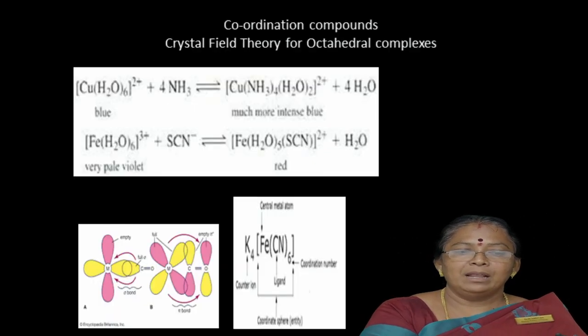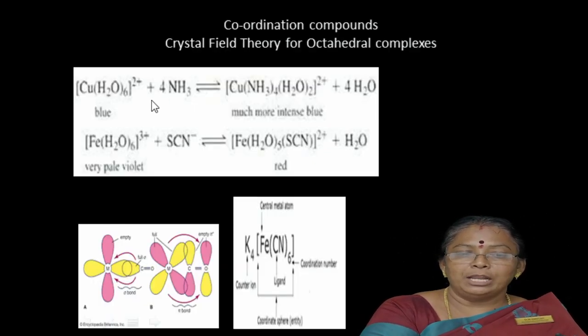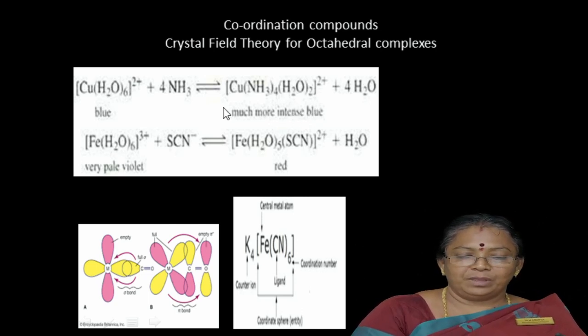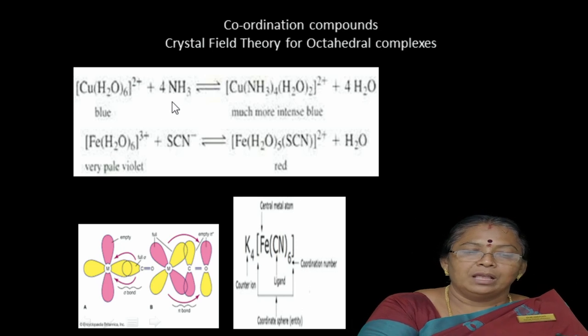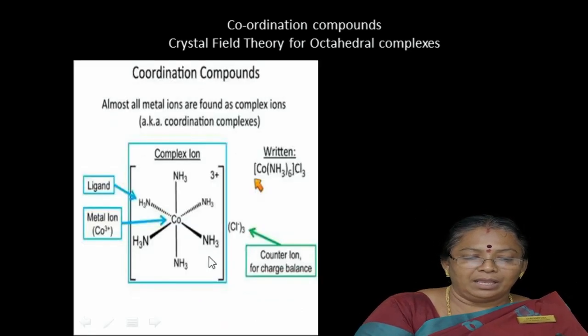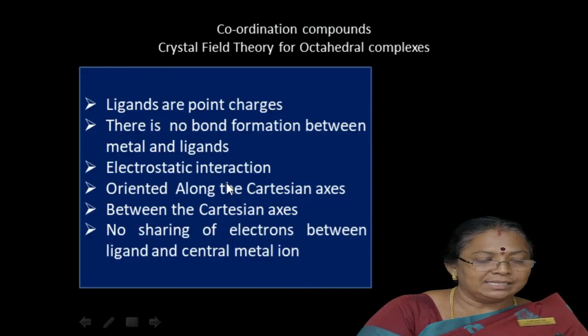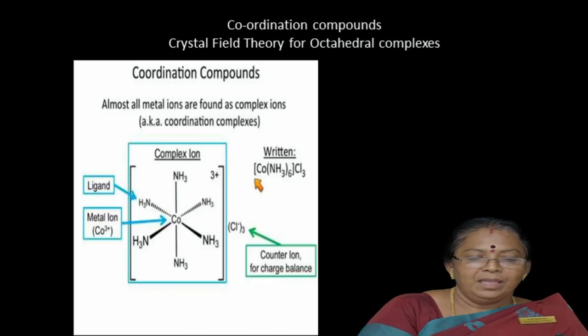Here, when copper reacts with water molecules, we get the aqua copper(II) complex. When this complex reacts with ammonia, we get a much more intense blue colored complex. In this complex compound, cobalt is the central metal ion and ammonia is the ligand.